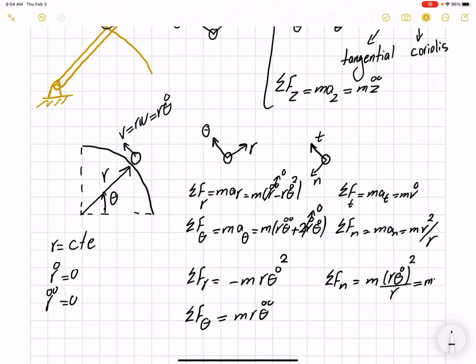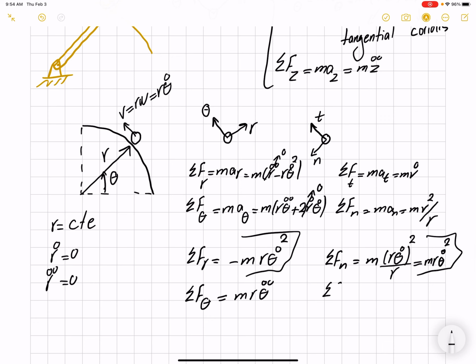So at the end I have m r theta dot squared, which is very similar to this, but one of them is negative, the other one is positive, because our directions of n and r are opposite. Same thing with the tangential component, m a_t. What is m a_t? It is r alpha or r theta double dot. So if the radius is the same, you can use either polar coordinates or tangential and normal, and it would be the same. If the radius is changing, then we don't know the path, so normal and tangential will not help us.